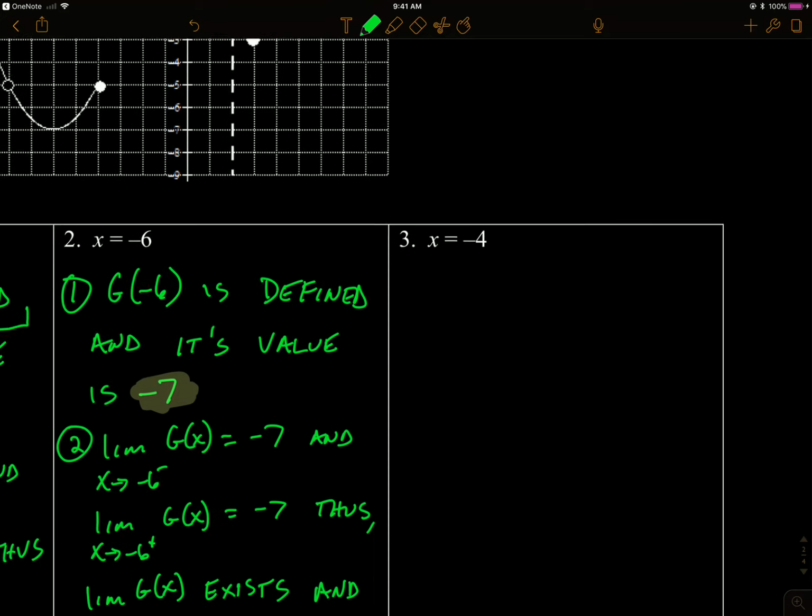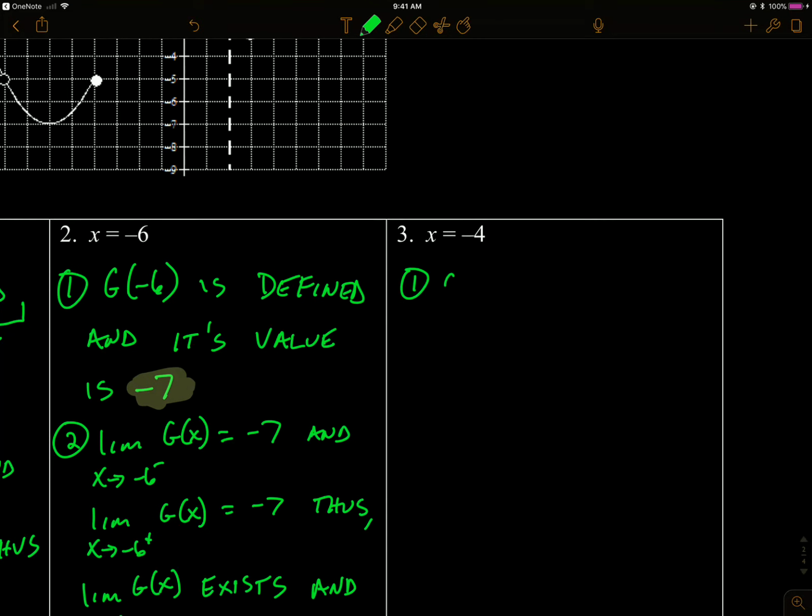The last one, g of -4 is defined, and its value is -5.